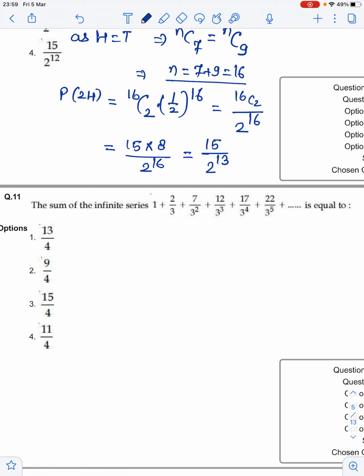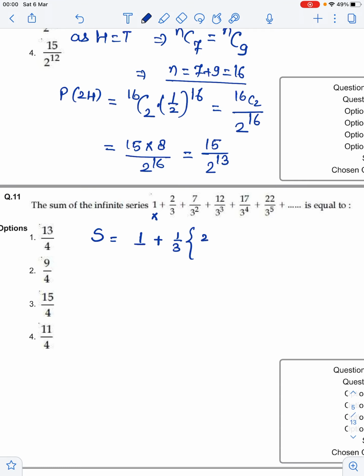Question number 11. Again a straightforward formula based question. The sum of the infinite series, which is obviously an AGP if you exclude the first term itself. Let this be S. So S is 1, which I have taken out, and I have taken 1 by 3 also common out.